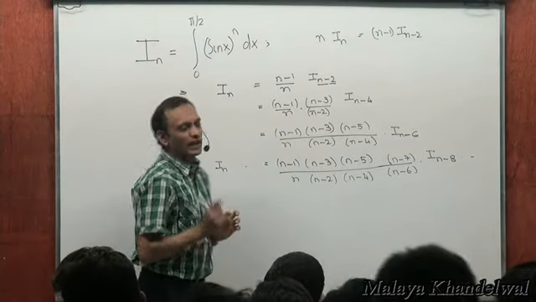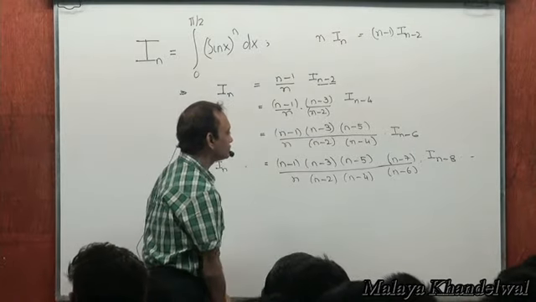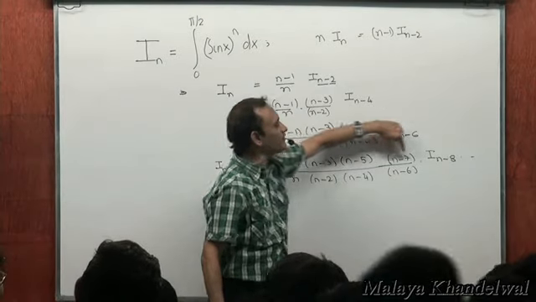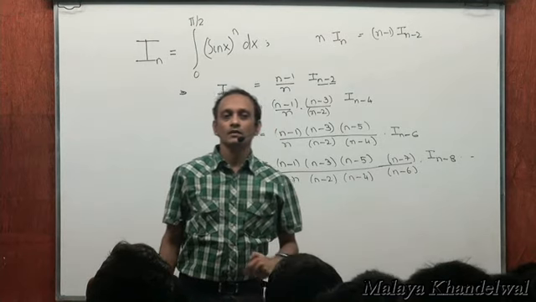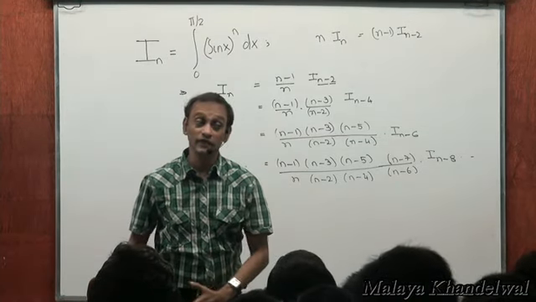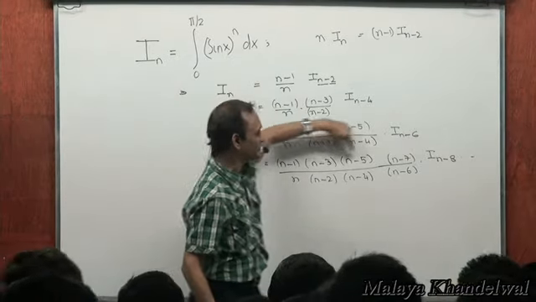Now n could be even or odd. See, the parity is important here. How? n minus 1, n minus 3, n minus 5, n minus 7 will either be all even or all odd. If n is odd, for example, they will all be even.